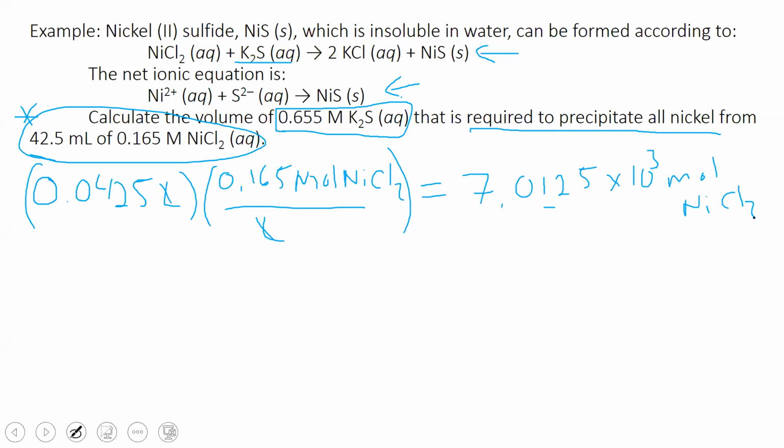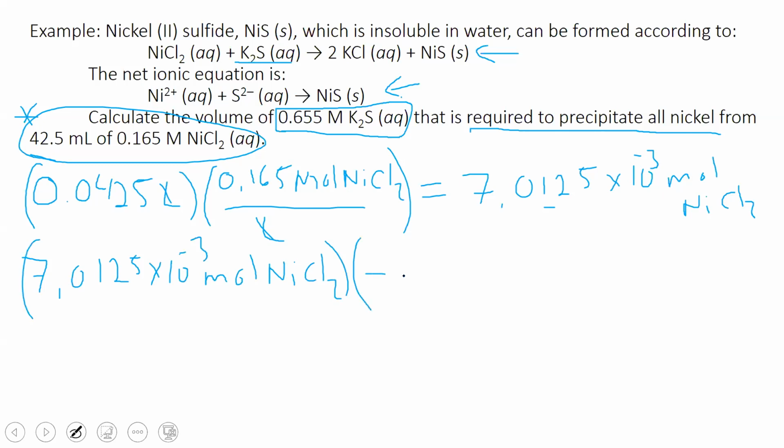And then from that, once you know the amount of nickel chloride, you can now use your mole ratio of the nickel chloride to the potassium sulfide. So you say 7.0125 times 10 to the minus 3 moles of nickel chloride.